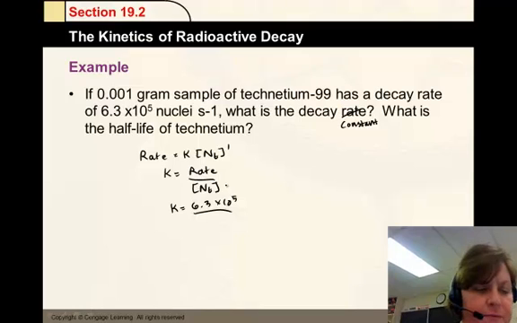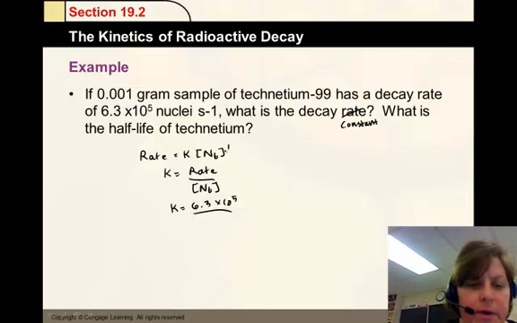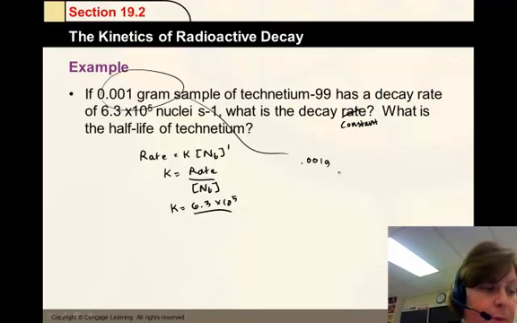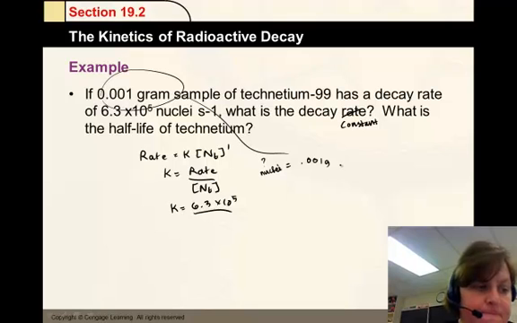I have to solve for it. So how do we get that? Well, we have to get it from the information here. We have a 0.001 gram sample. How many nuclei are there?